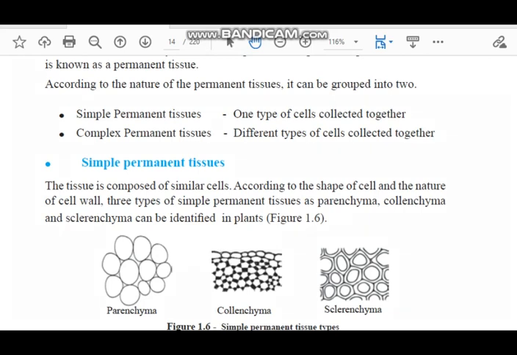According to this only, the three types are found. It is very important to remember these pictures and the shapes of the cells, because they will be giving questions in order to identify this.